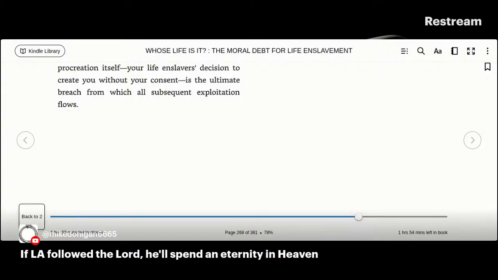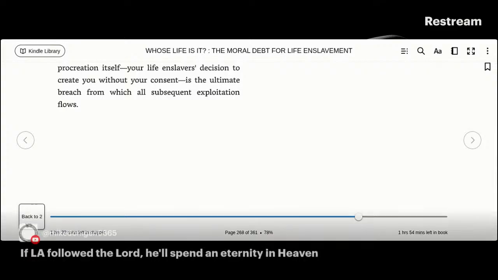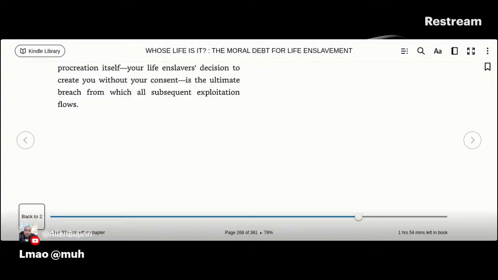I rebuke Christianity in the name of the Lord. It is evil. It is enslavement, and I would say that it's child abuse to even subject your children to that evil religion. No, absolutely not. And I don't want to spend an eternity anywhere. I want this shit to be over. Great, I'm already in hell.